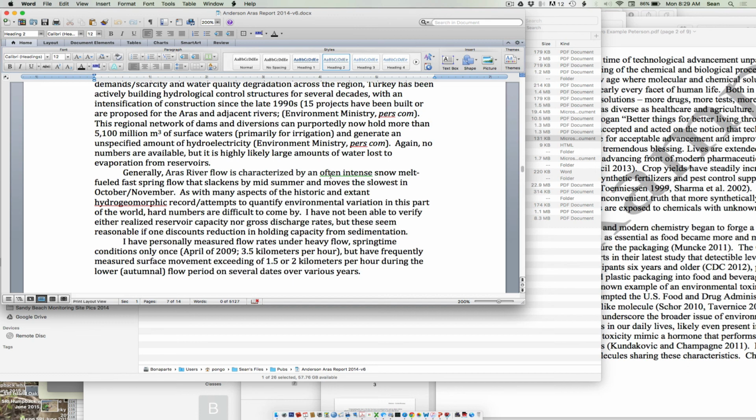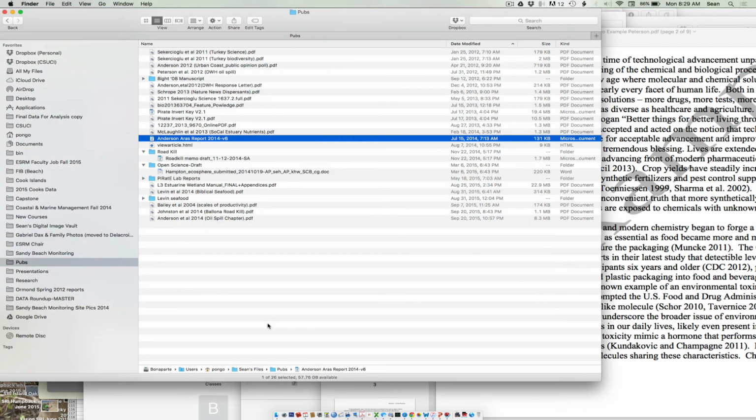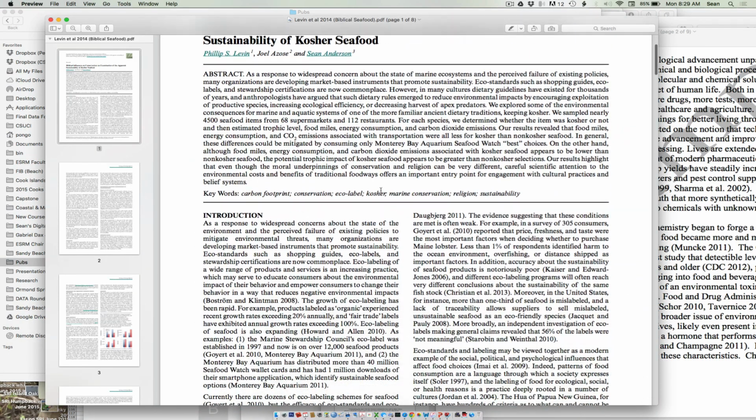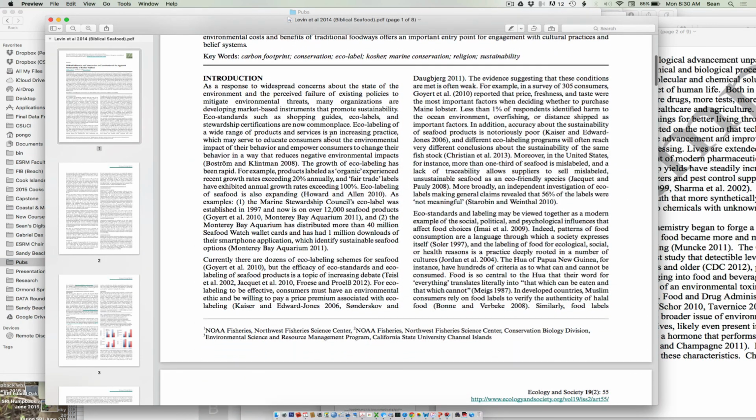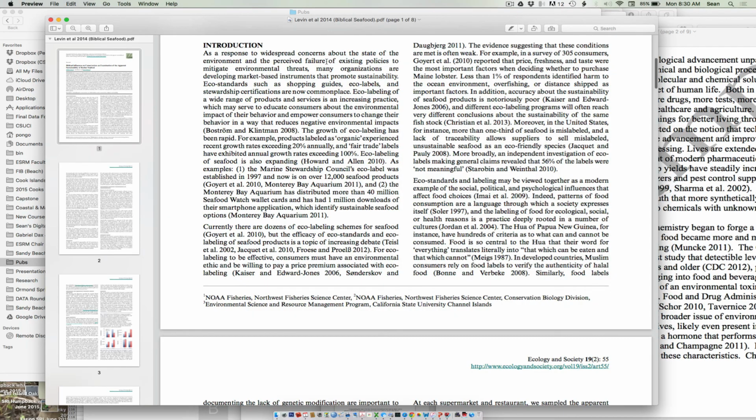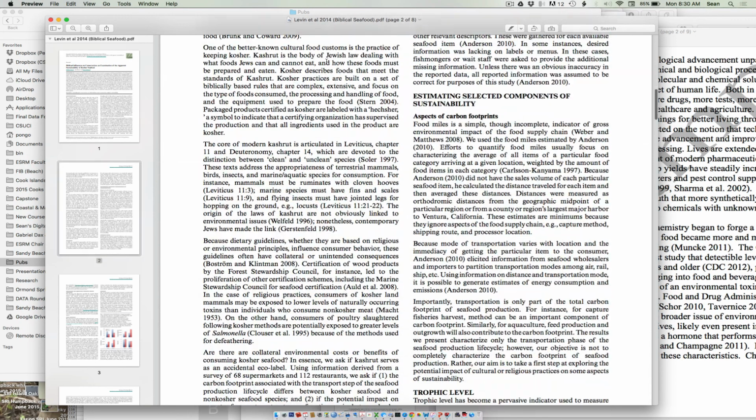But from what I've seen over the years, I think you guys are better served to have a lot of references, and then we can go from there. Start from that default mode. Let's look at another one. That's another example of an introduction. Here's one looking at our seafood stuff. Here's the introduction, and it's short, right?